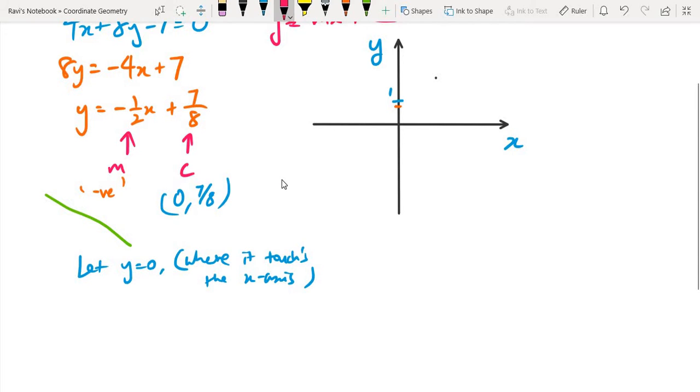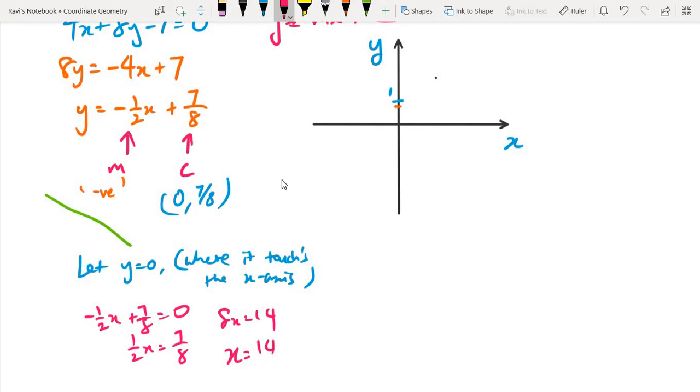When I let y equal 0 and put it back into this equation, I get negative half x plus 7 over 8 equals 0. So half x equals 7 over 8, 8x equals 14, and x equals 14 over 8, which is 1.75.